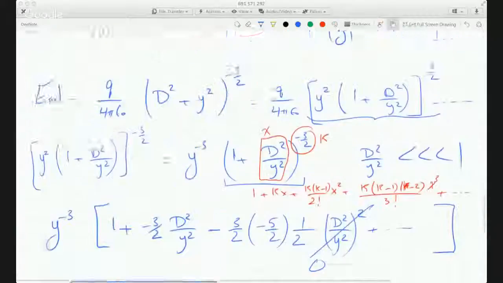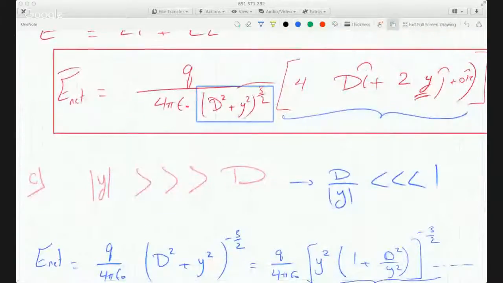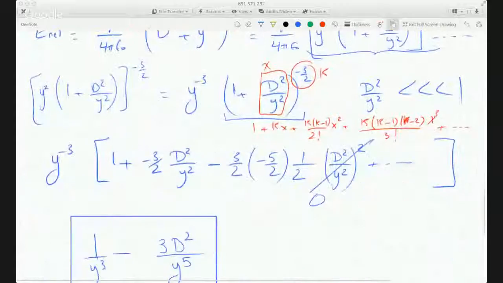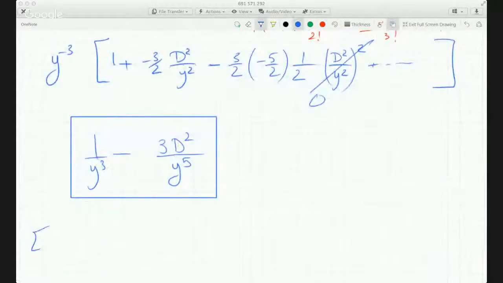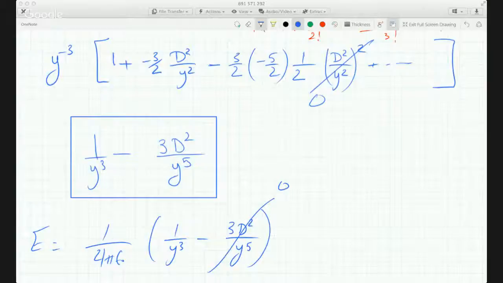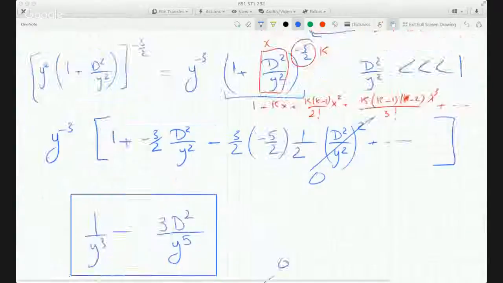So we would get E equals 1 over 4 pi epsilon times 1 over y cubed minus 3d squared over y to the 5, which I can basically ignore now, because d over y is a lot less than 1, so I can safely say that this goes to 0.